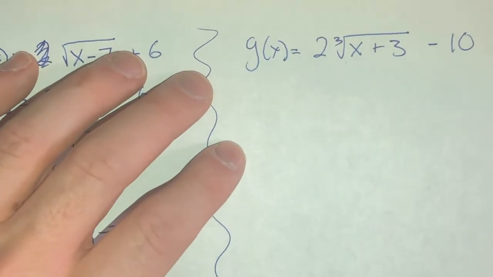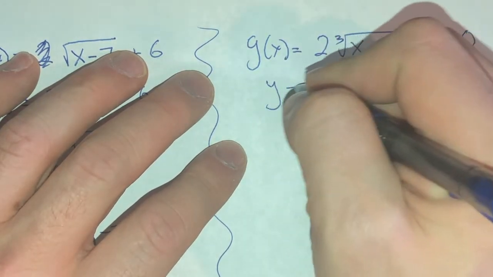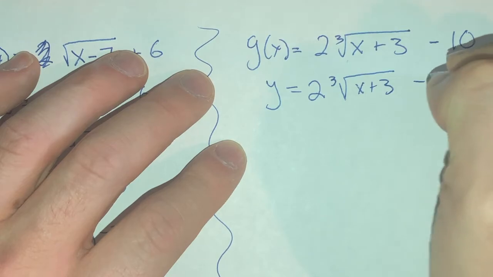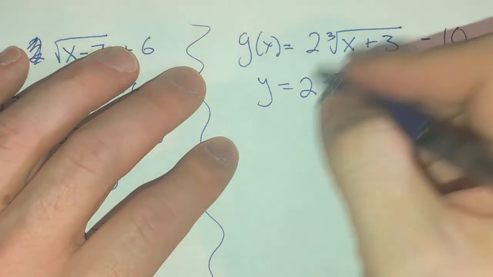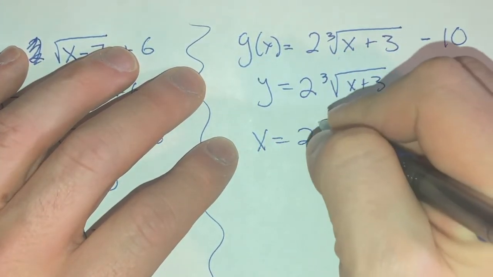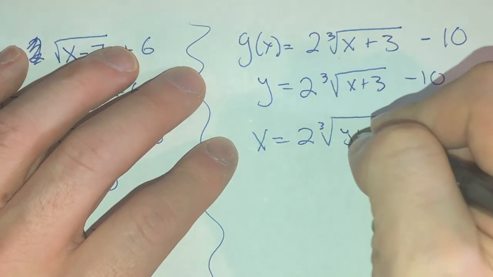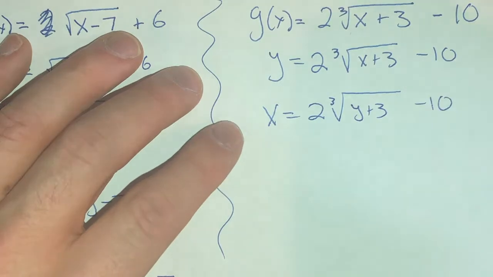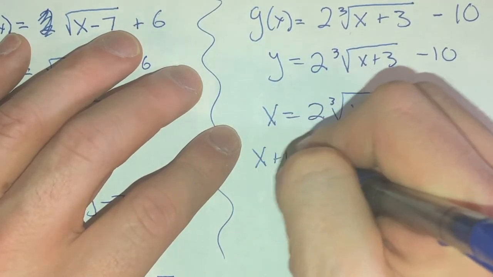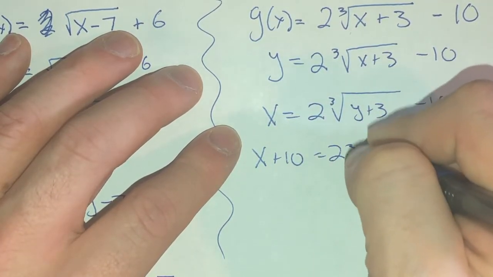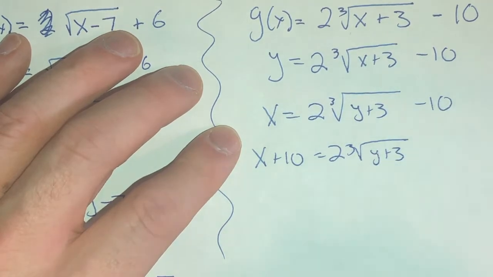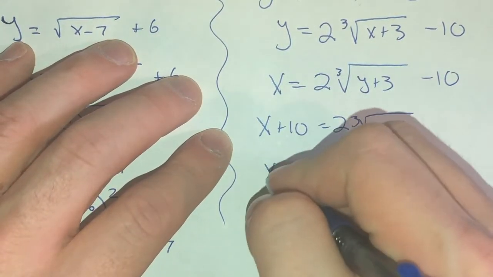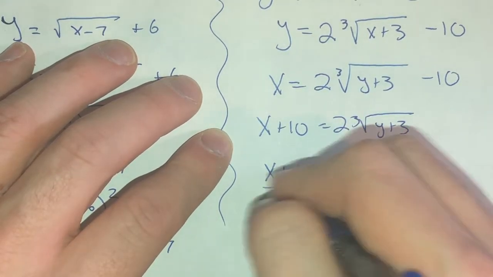All right, this one. So again, start with y equals, do a flipperoo. Now I'm going to isolate the y. So I'm going to add 10 on both sides. I'm going to divide both sides by 2 because I want just the root.